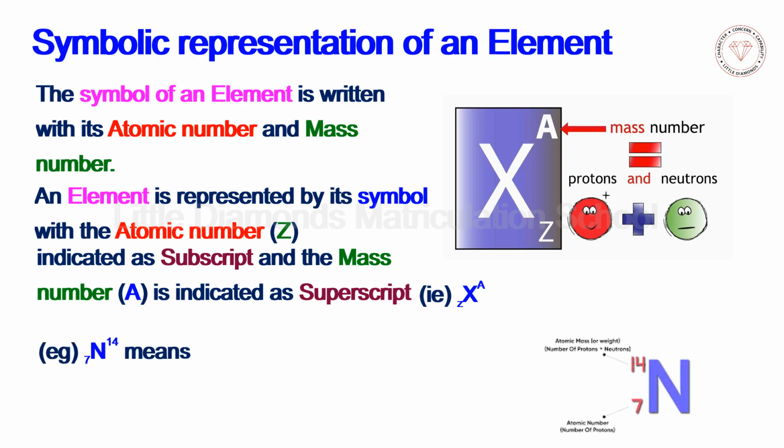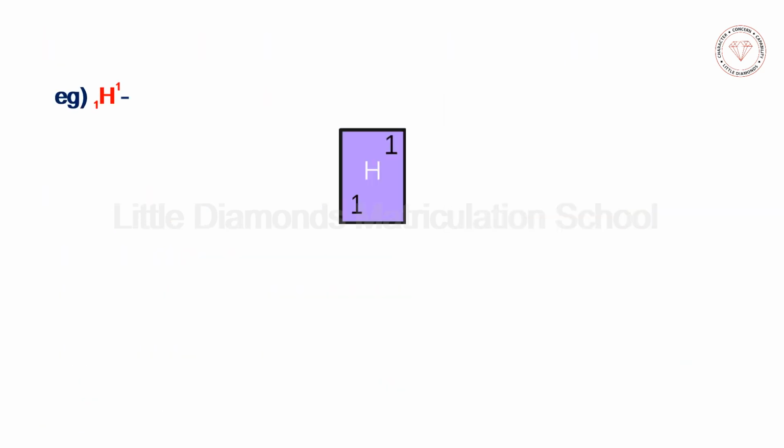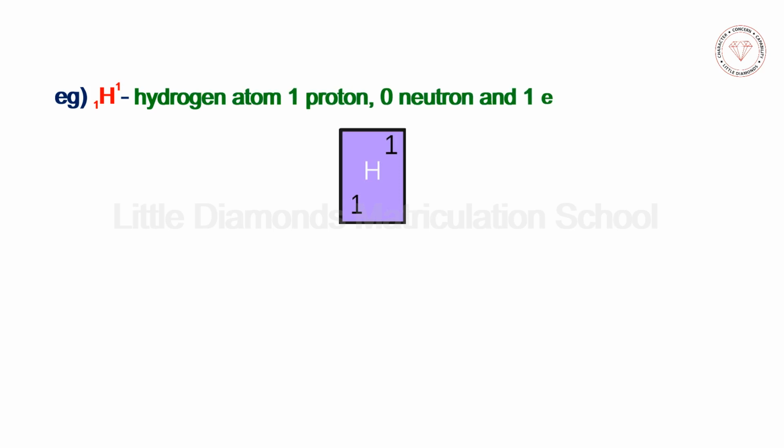Example, nitrogen 14 means the atomic number of nitrogen is 7 and its atomic mass or mass number is 14. H11 means hydrogen atom with atomic mass 1 and atomic number 1. That is, hydrogen atom having 1 proton and 0 neutron and 1 electron.